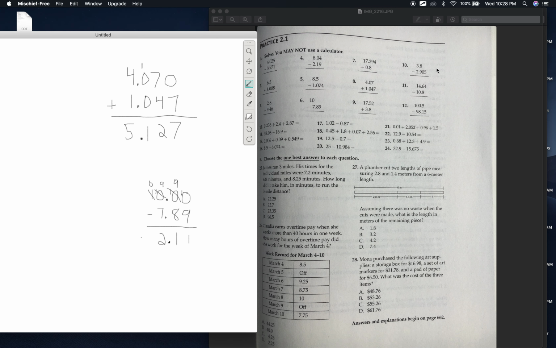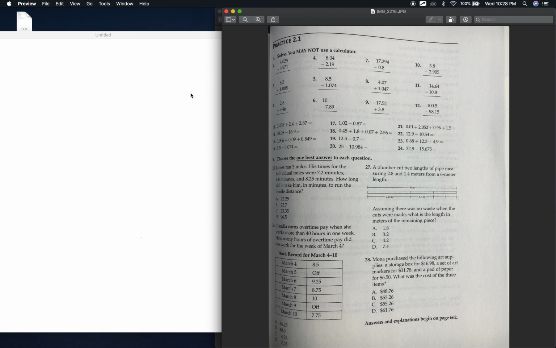Okay, now let's do some more fun stuff. These here, they want us to put into columns.